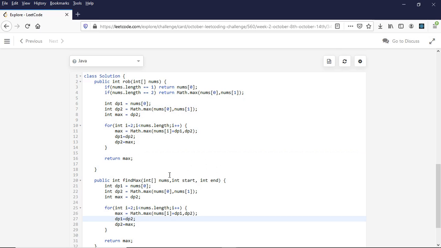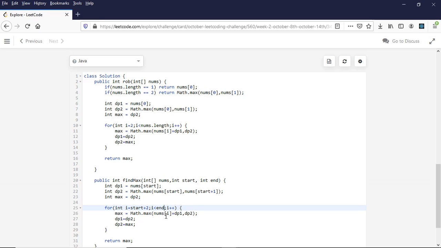Now, the difference is we are trying to make this a little generic, right. So, instead of 0, I would say start here, and here also I will say start, and here it will be start plus 1. And i will be start plus 2, right, and instead of nums dot length I will say it is less than end.